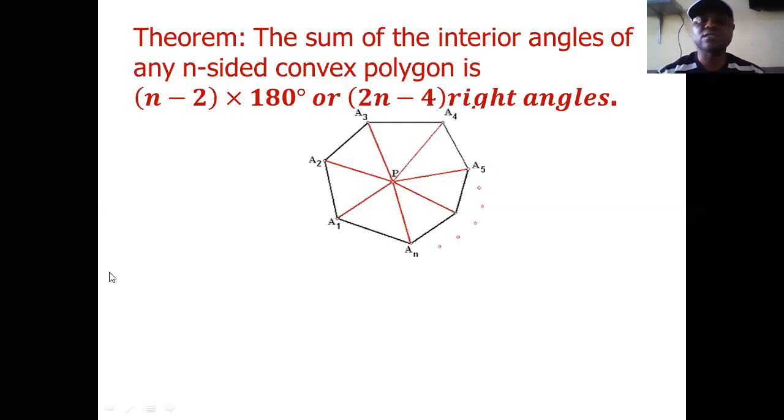Now, if you look at the diagram here, we have a given polygon with n number of sides.